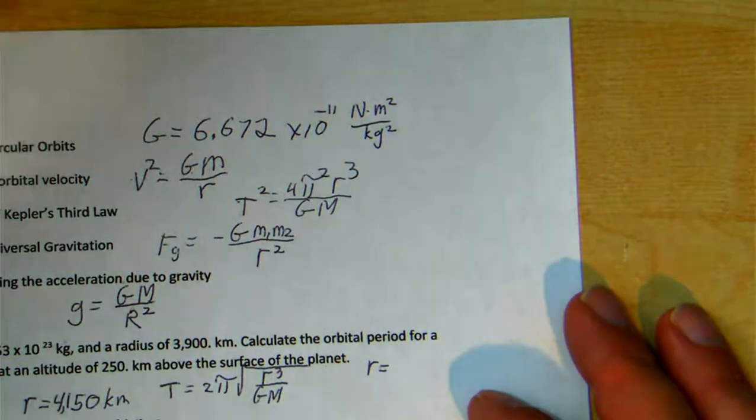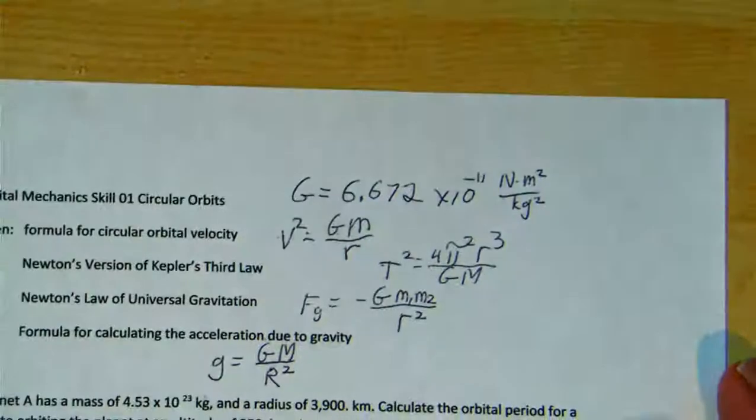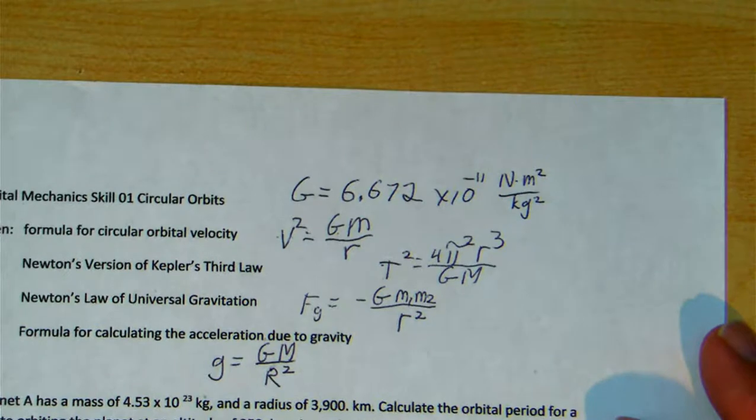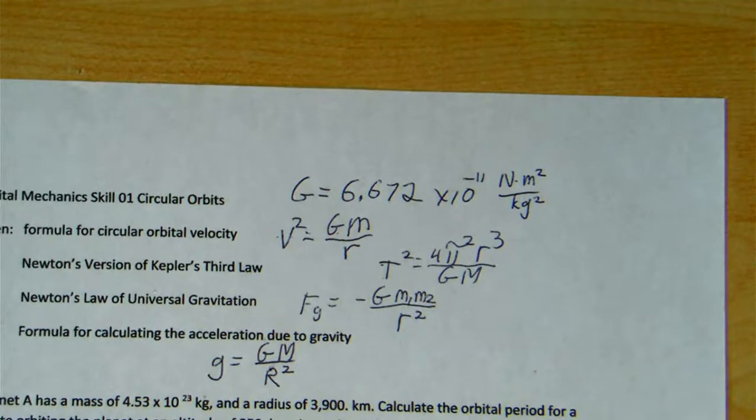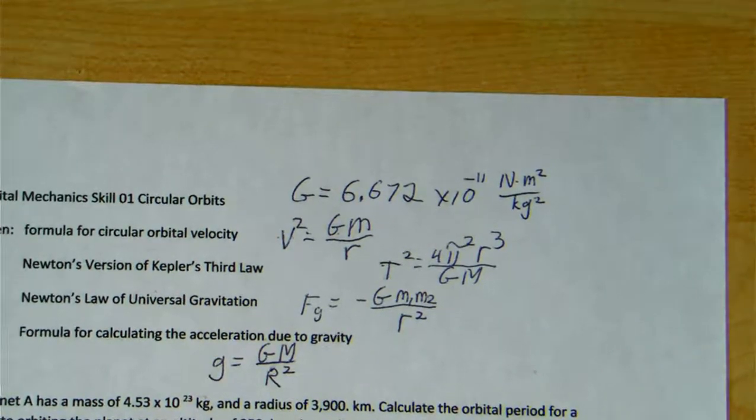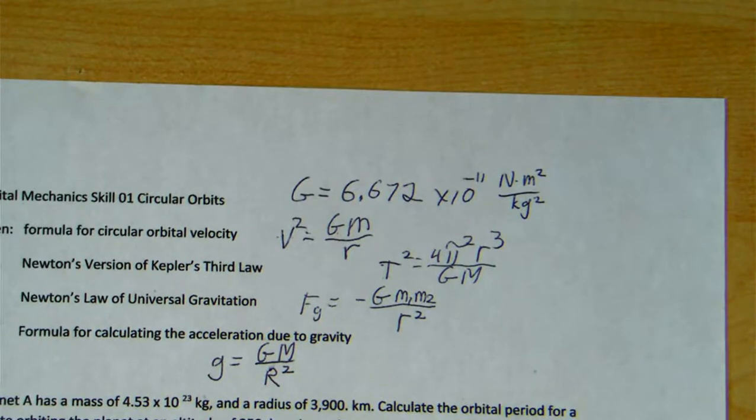Well, that's why we have calculators, right? So 2 pi square root of 4,150,000 cubed divided by G, which I've stored in my calculator memory, divided by 4.53 times 10 to the 23rd power, enter.